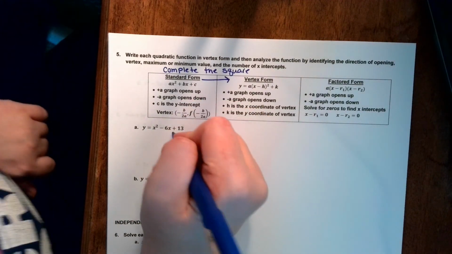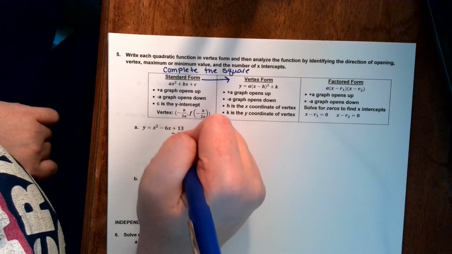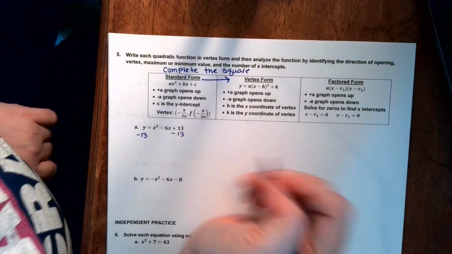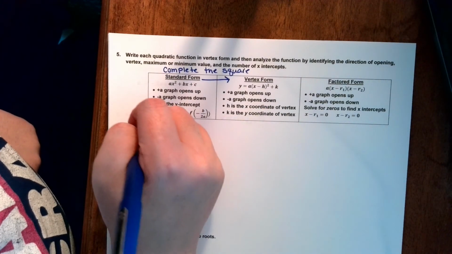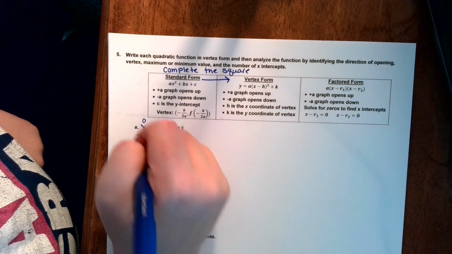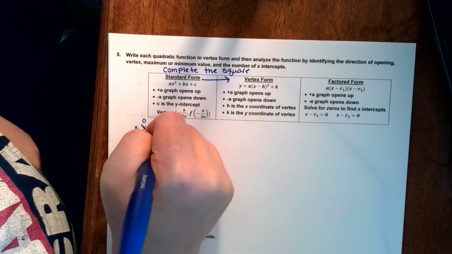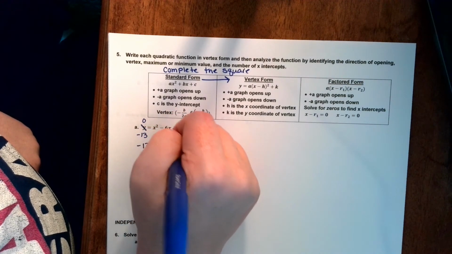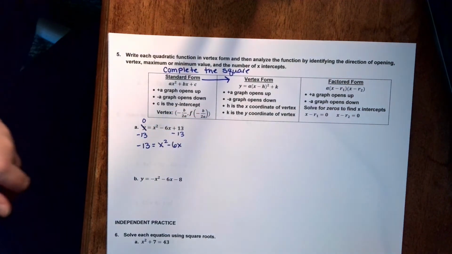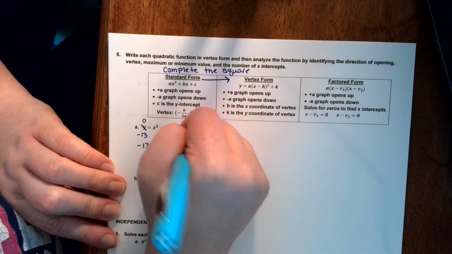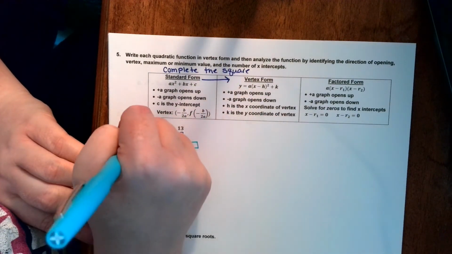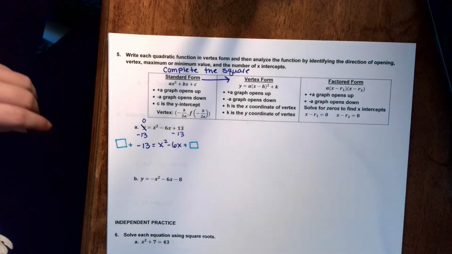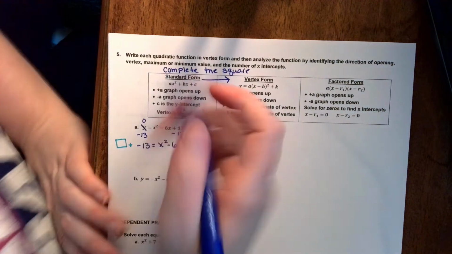So what we're going to do is I'm going to move this 13 over, and we're going to change this y to 0. So this becomes negative 13 equals x squared minus 6x. And remember, we want to complete the square, so we're going to add our square to each side. Alright, so how do I fill that square in?